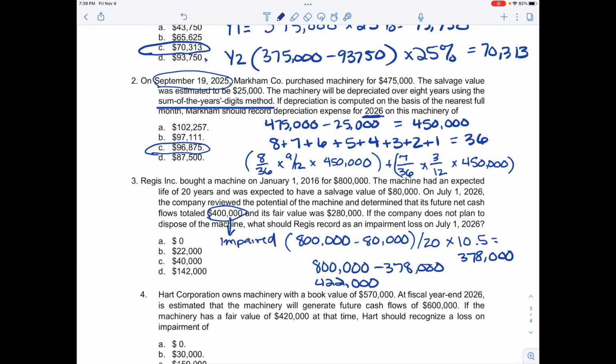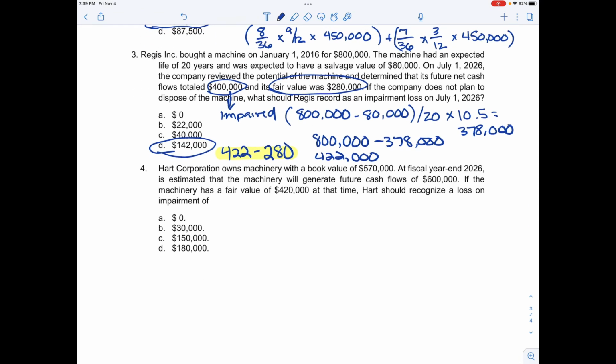Now we figure out how much it's impaired by. And I take that $422,000, I subtract the $280,000 of my fair value, and that's going to equal $142,000. So again, I'm looking first if it's impaired, then finding that impairment value.